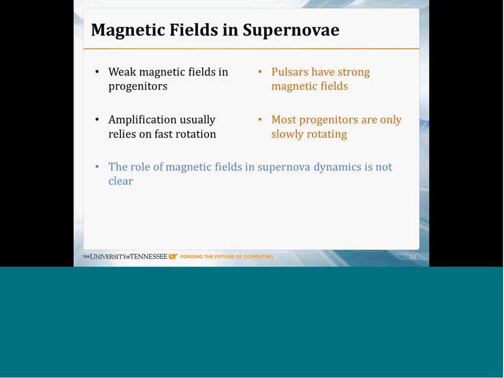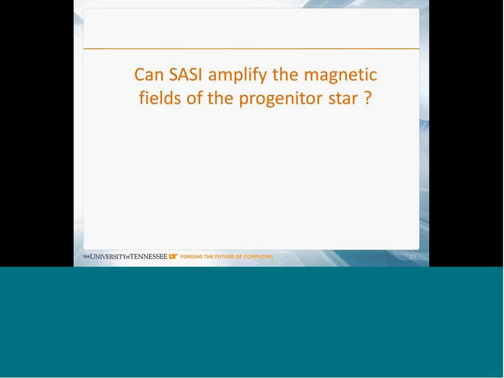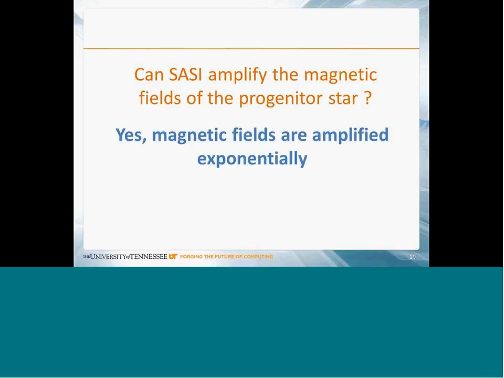But we know that stars have turbulence, and turbulence is usually the textbook example of how magnetic field can be amplified. So we ask the question: can SASI amplify the magnetic field of the progenitor stars? What we found is that magnetic field is actually amplified exponentially in SASI.